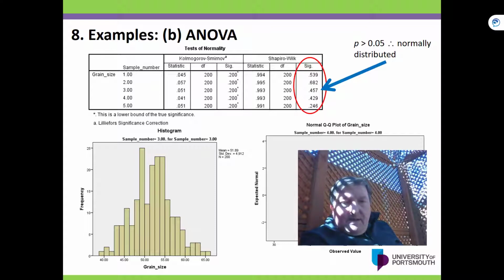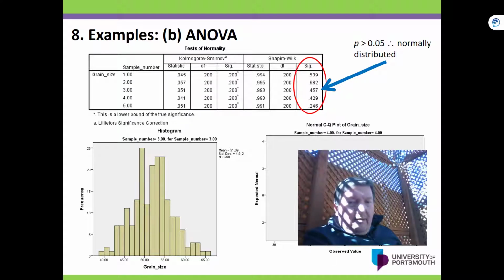So this is some examples of what you might obtain. So we got our 5 different samples, and then we do the Shapiro-Wilk test to work out the p-value, which tells you whether it's normally distributed or not. So in all those distributions, p is greater than 0.05, so therefore all the data is normally distributed, regardless of what the histogram looks like.